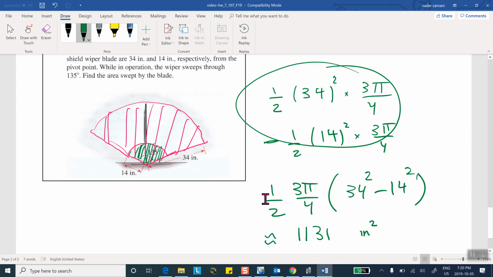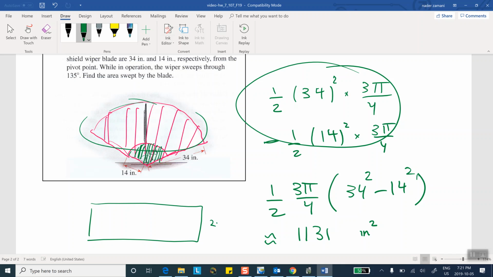It's always a good idea to look at these and see if it makes sense. When you think about this, you can imagine that it is kind of a rectangle. It's not a rectangle. This side of it is about 20 inches, because it's the difference of 34 and 14, about 24 inches. And this length must be around 50 inches, and it makes sense. That's why when you find the area of a rectangle, you get approximately that number.